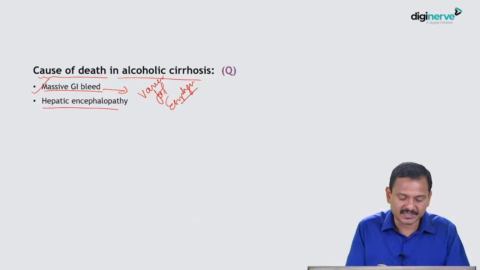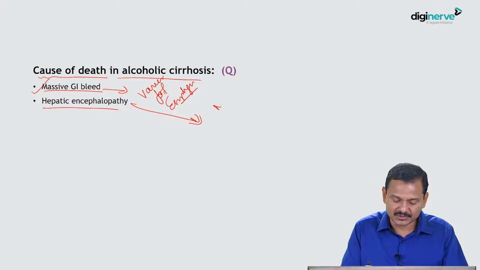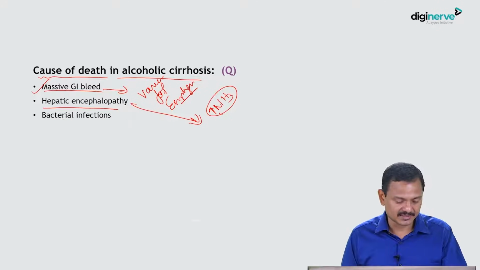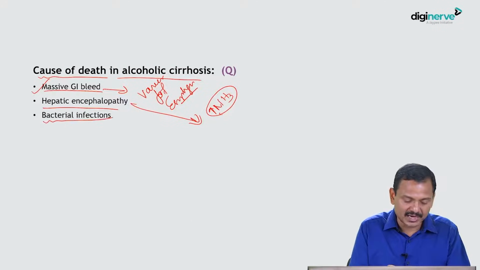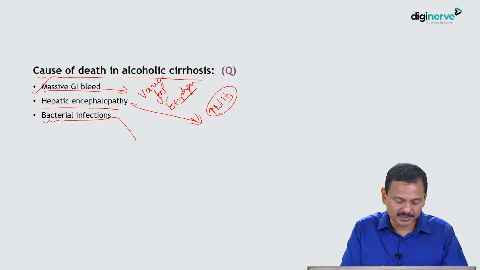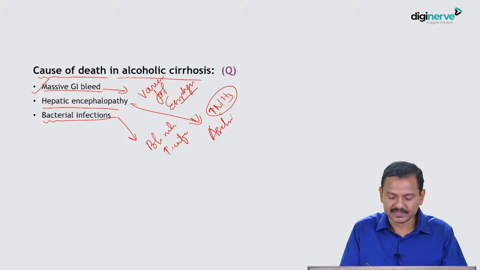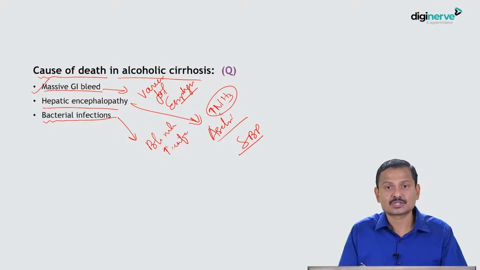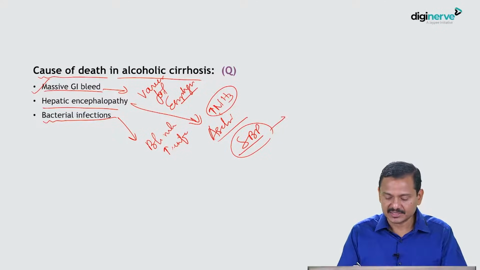Second is hepatic encephalopathy, and that is because of increased ammonia levels due to decreased clearance by the liver. In addition to that, hyperbilirubinemia predisposes to infection, and your ascites can also get infected, and that is called spontaneous bacterial peritonitis, and infections can lead to septicemia and then cause death.